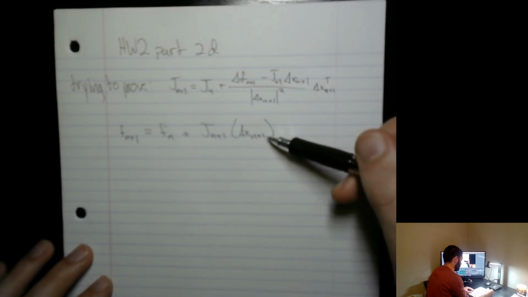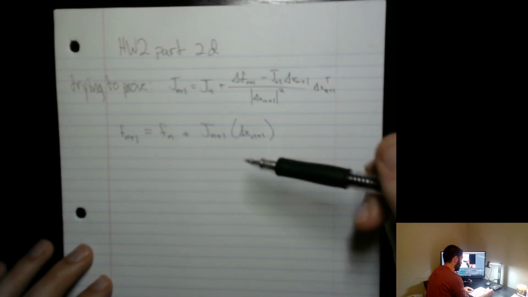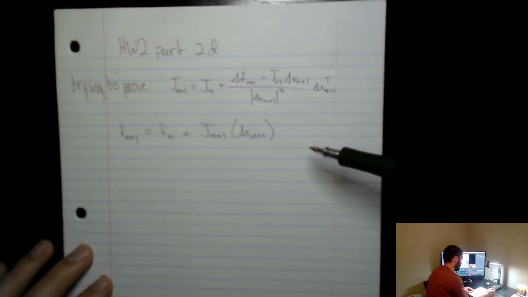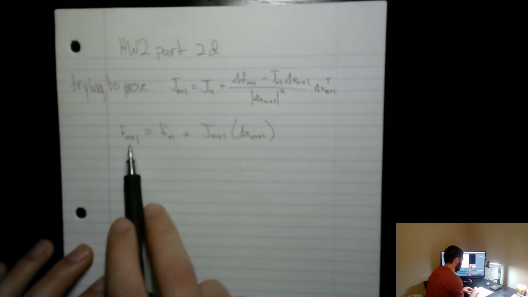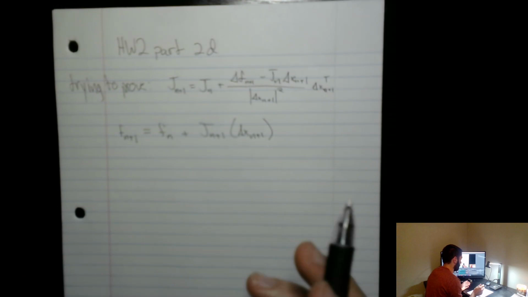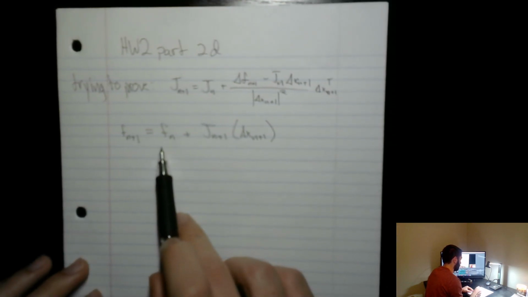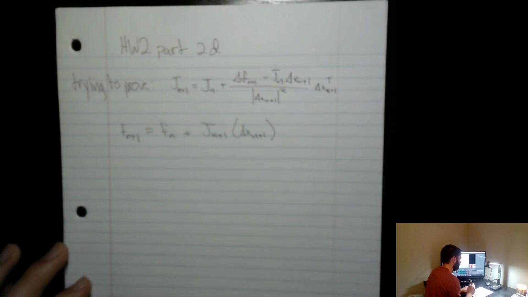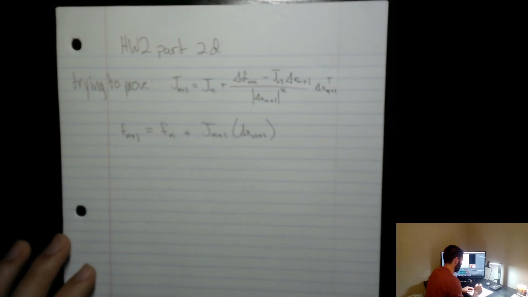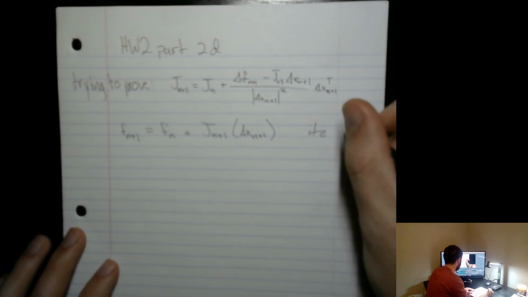And delta x n plus 1 is x of n plus 1 minus x of n. And f of n plus 1 is the function at x of n plus 1, where f of n is the function at x of n. Just for ease of writing, I'm writing it like this. And this is while we iterate.